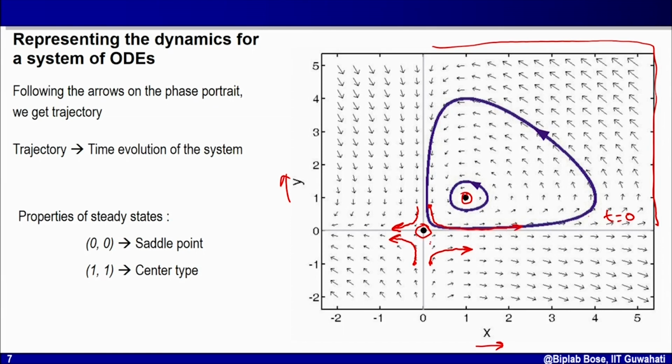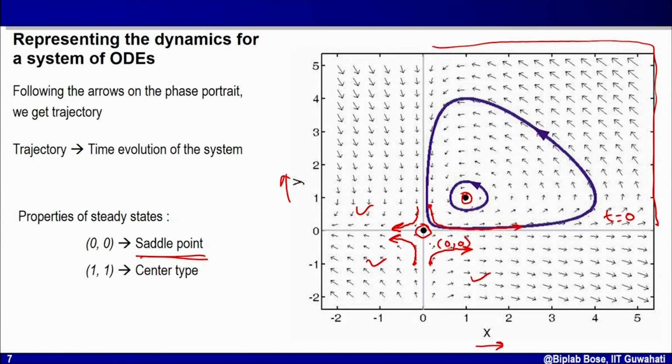So that means this 0, 0 steady state is such that if you are there, you will stay there. But if you are slightly away from it, you will never come back to 0, 0. In these quadrants, you will move away from 0, 0. That means this 0, 0 steady state is obviously unstable, and this type of steady state having this type of trajectory around it is called a saddle point. I will discuss separately what we understand by a saddle point.